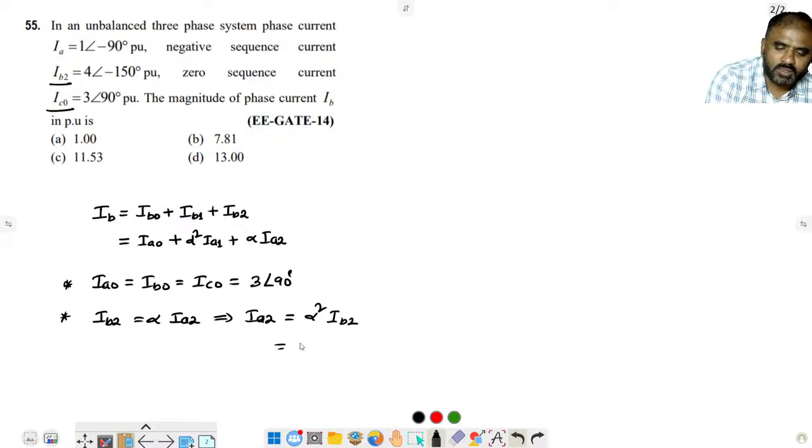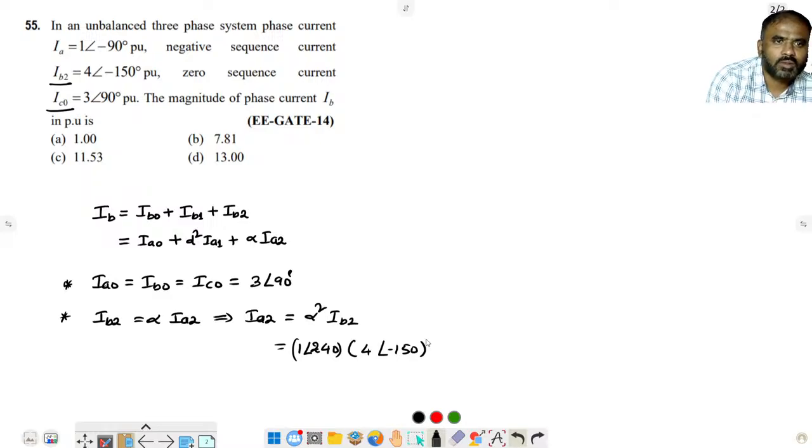So what is alpha square? 1 at an angle minus 120, otherwise better 1 at an angle 240 degrees, times IB2, which is 4 at an angle minus 150. 240 minus 150 is what? 90 degrees.